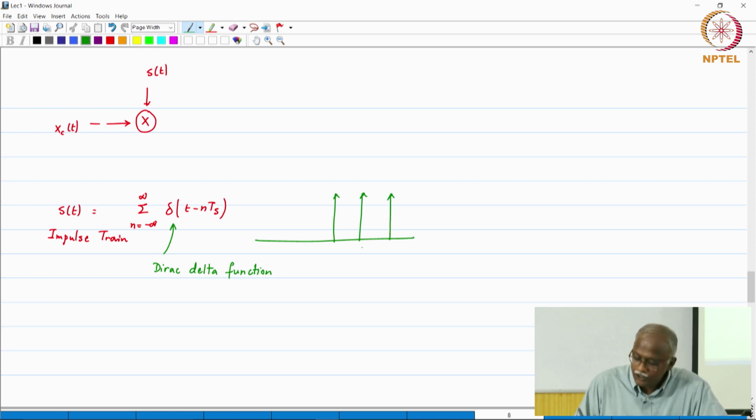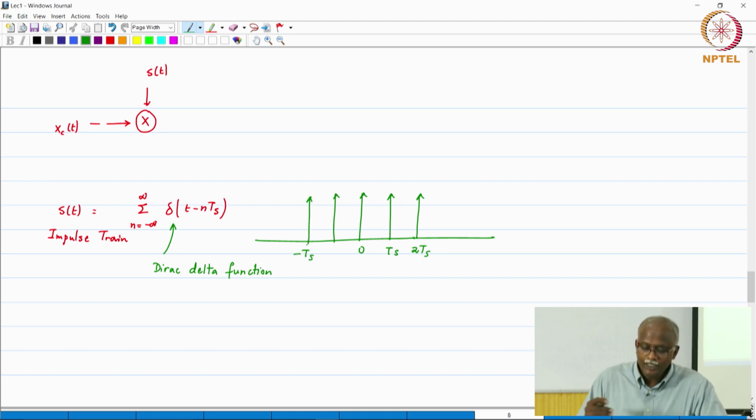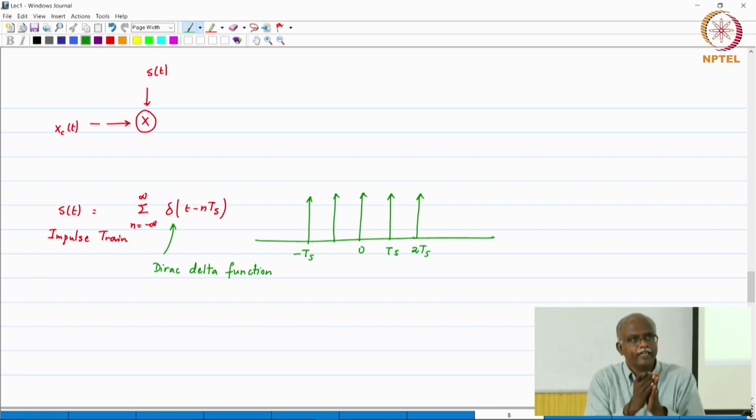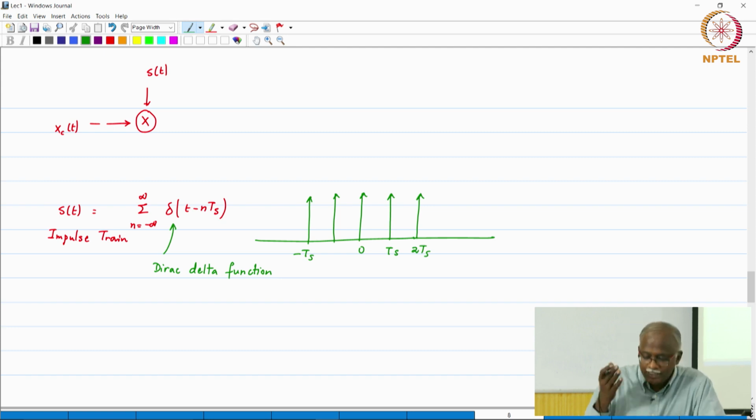You can think of it as 0, Ts, 2Ts and so on, minus Ts. I multiply this with my xc of t, the continuous time signal. Since the Dirac delta is defined only where the delta occurs, it basically wipes out the signal at other points. That is the sampling property of the Dirac delta. So I utilize that, and multiply with S of t.